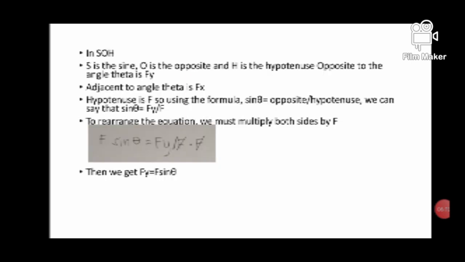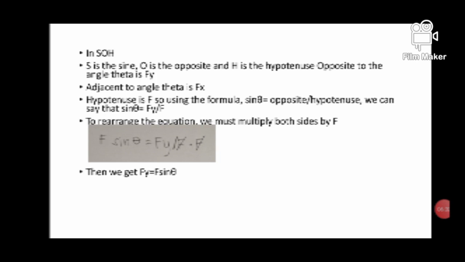So in SOH, S is the sine, O is the opposite, and H is the hypotenuse. So sine theta is equal to opposite over hypotenuse.